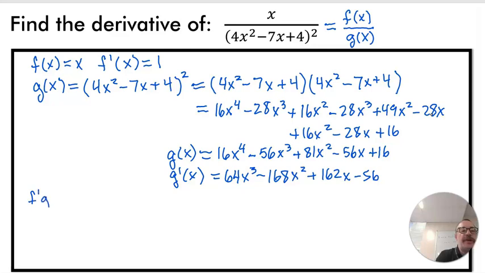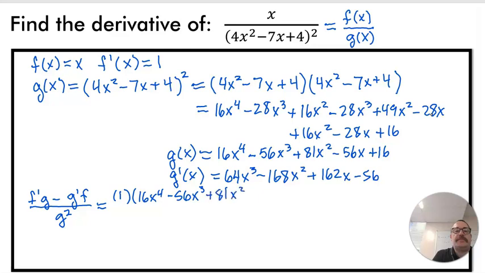Okay, so I need f prime g minus g prime f. I am doing quotient rule. Okay, so f prime is 1, and that's plus that whole thing.